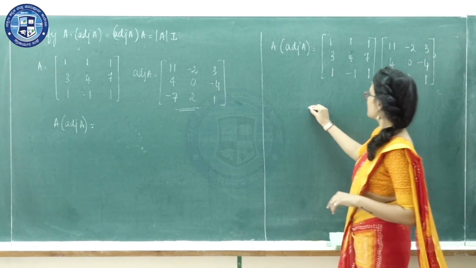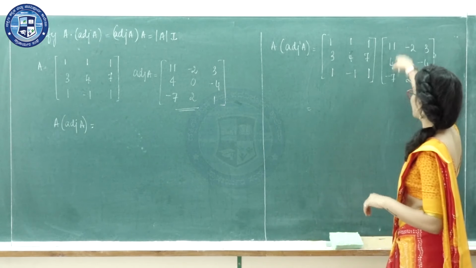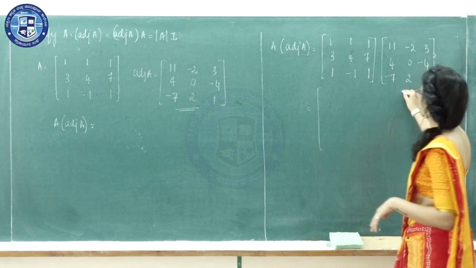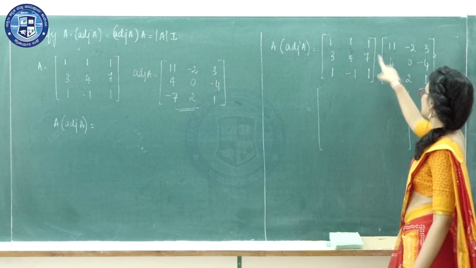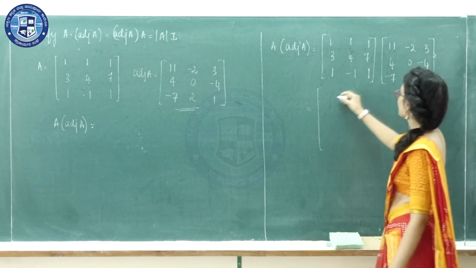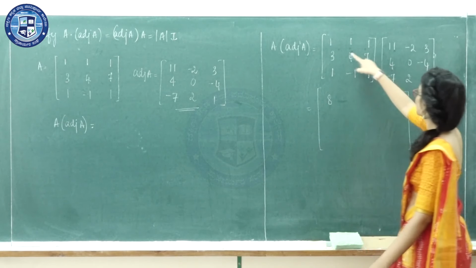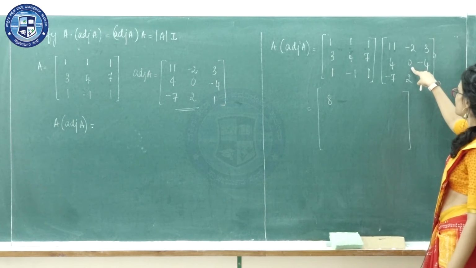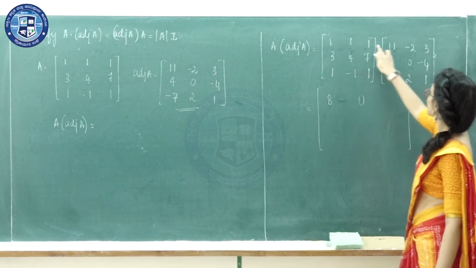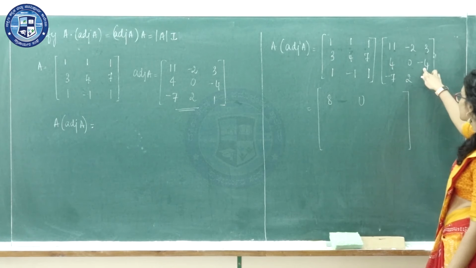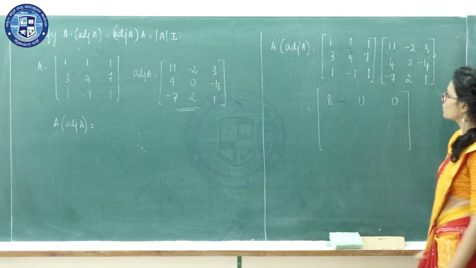Okay. So let us multiply first row with all the columns. So we get 11 plus 4 minus 7. So you get 8. Minus 2 plus 0 plus 2, 0. Next we get 3 minus 4 plus 1, 0.